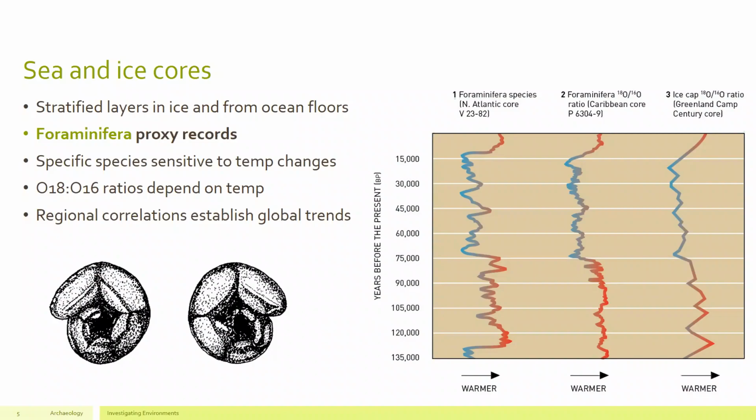And here in the chart, you can see a simple warmer and cooler wiggle line from different cores, and they correlate with each other, forming a broader pattern for all of the Atlantic Ocean. The Atlantic Ocean is a really important source of driving worldwide weather conditions and climate. And this one goes back 135,000 years.